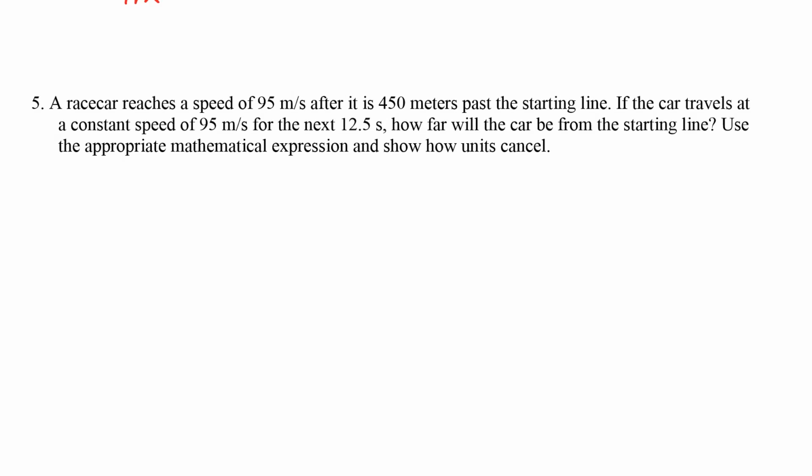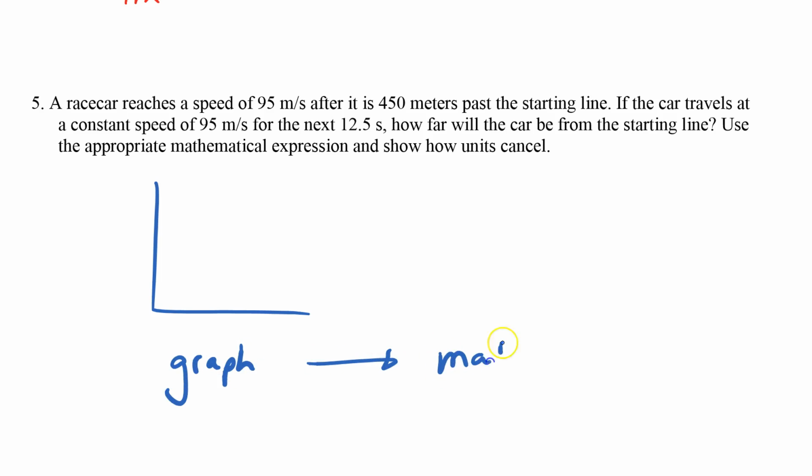Well, I'm just going to start off by drawing a position time graph, because first we did a graph in the beginning of this unit, and we took the graph and we turned it into a mathematical expression, right, based on the old y equals mx plus b thing. And I want you to notice that we're not interested in this period of time.